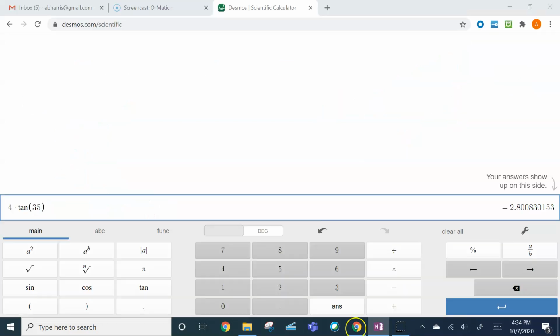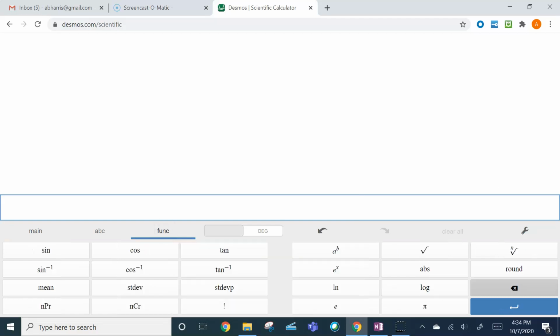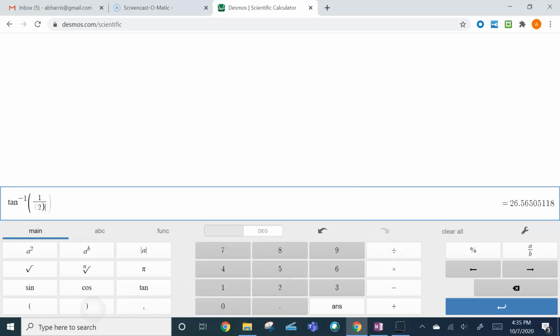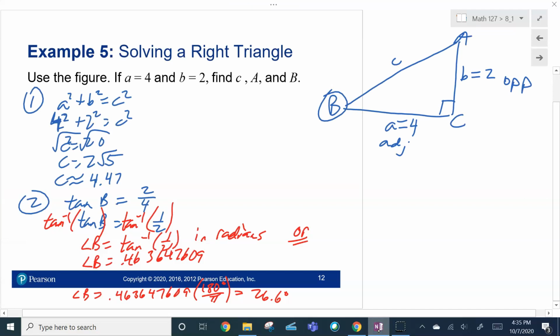Or we could just clear this, make sure we're in degrees, and go arctangent of 1/2, and you see the 26.565, 26.6 in other words. So that's the other way: you just be in degrees on your scientific calculator, and it'll go straight to degrees for you there.